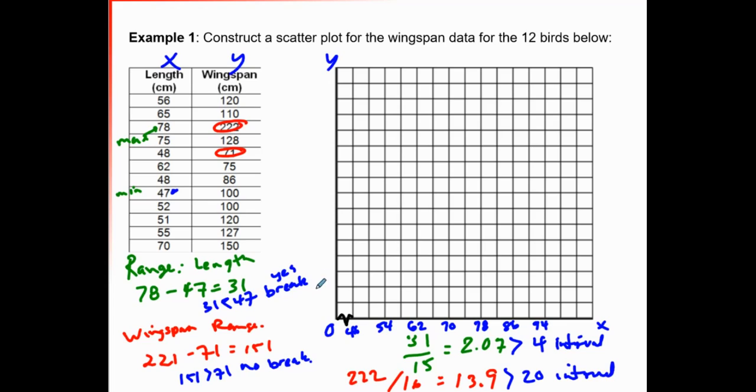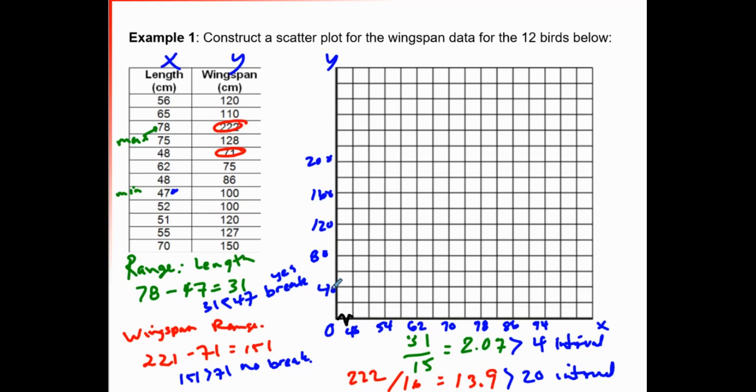So 0. If every grid line is 20, then we have 40, 60, 80. We have another 40 is 120, 160, 200.